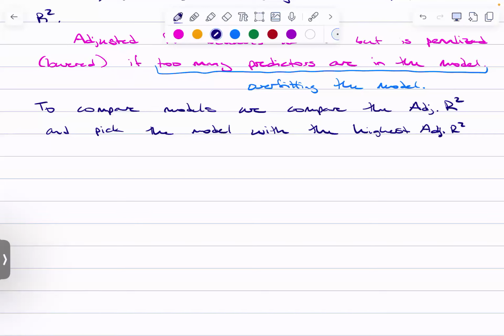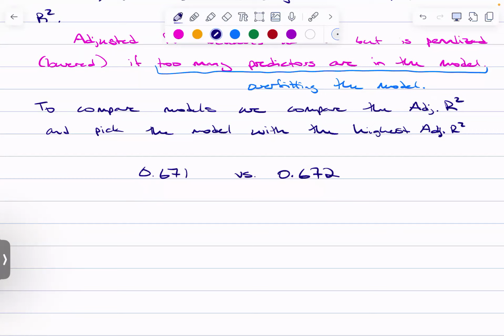For us, we're just going to do this blindly, right? Even a minute difference in adjusted R-squared, I just want you to go for the highest one, right? As you get to know your data, or maybe you have some internal knowledge about your data, maybe you're choosing between an adjusted R-squared of, let's say, 0.671 versus 0.672.